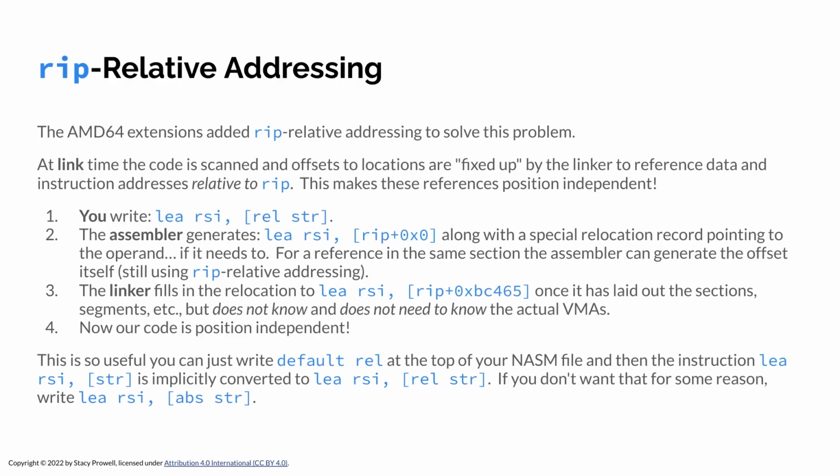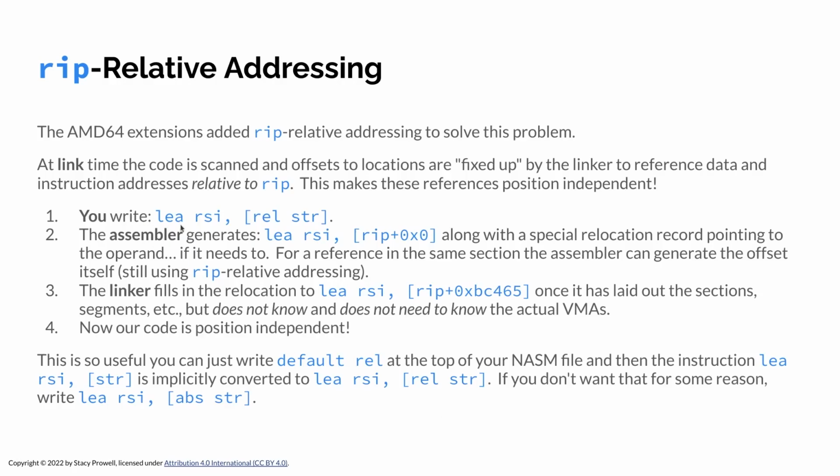Well, the AMD extensions added RIP relative addressing to a lot of places to solve this problem. And the idea is, at link time the code is scanned and offsets to locations that the linker can figure out are fixed up to reference data and instructions relative to RIP. So we've seen this a little bit already. This makes these references position independent. So here's what you write.